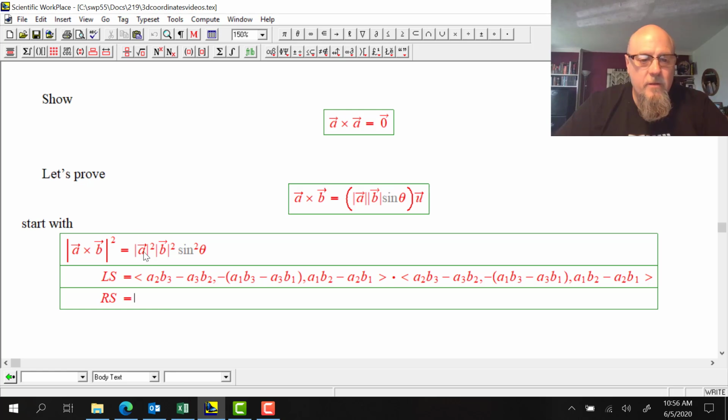So the right side is going to be magnitude of A squared. So that's going to be A dot A. Magnitude of A squared is going to be A1 squared plus A2 squared plus A3 squared.